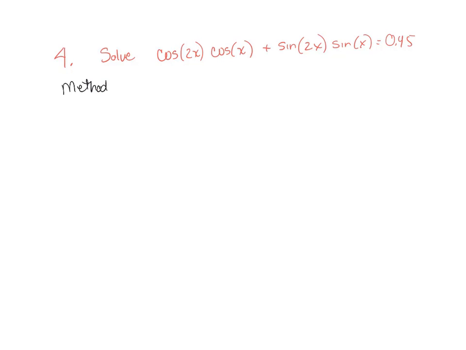Method number 1 is, well, let's just do it the way we've done all the other ones until the very end, then we plug it in the calculator. This looks like an identity to me. Remember, sine, cosine, cosine, sine, cosine, cosine, sine, sine, sine. So this is going to be cosine of 2x something x, and I need to flip the sign, equals 0.45. I'm using the trig identity.